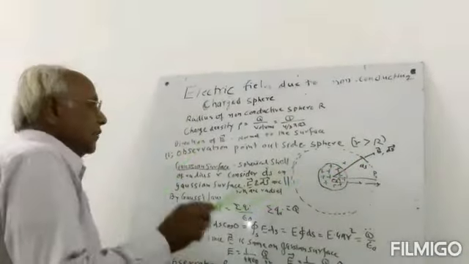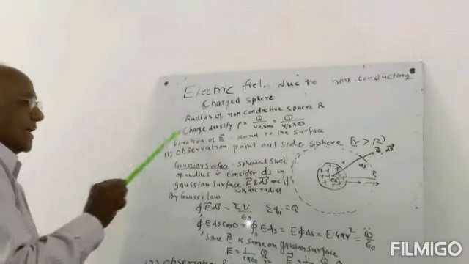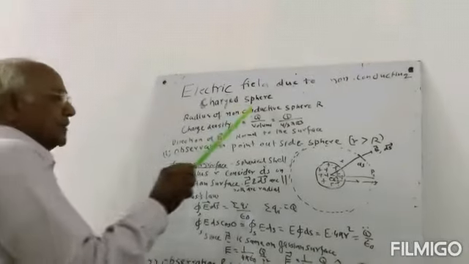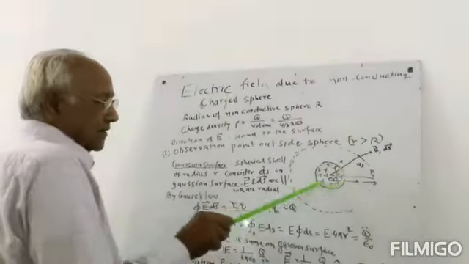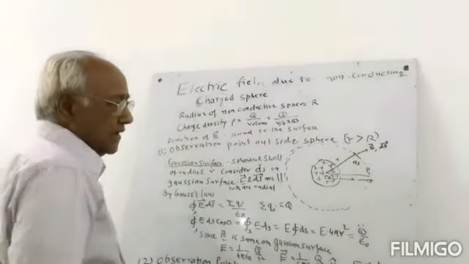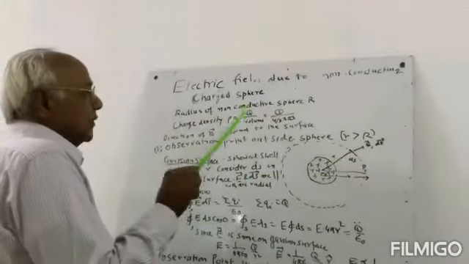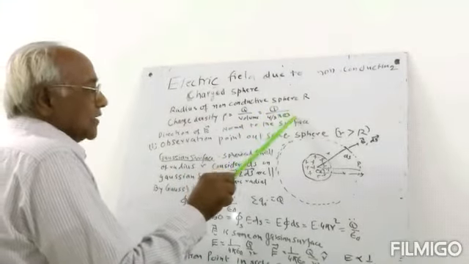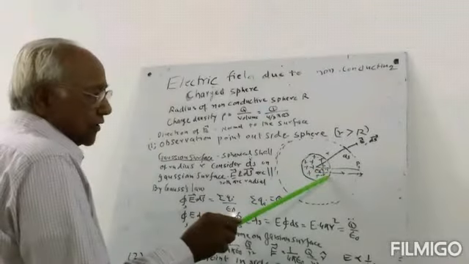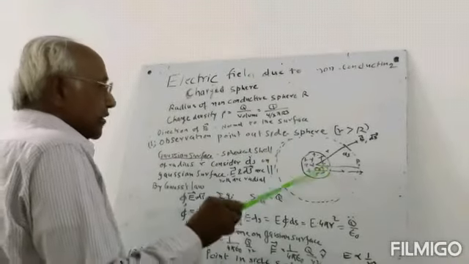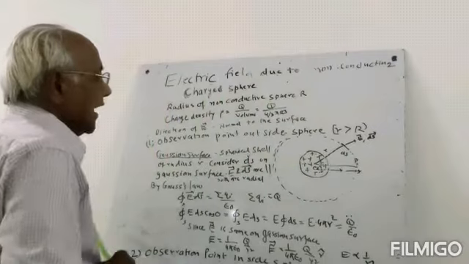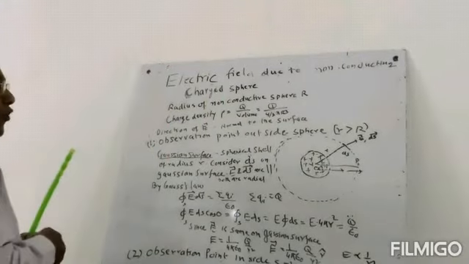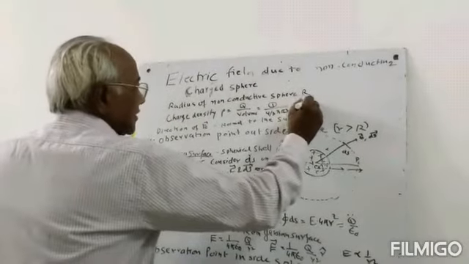Now what will be the charge density? The charge density will be equal to total charge Q by the volume of the sphere. So it will be equal to Q by 4/3 pi capital R cube, where capital R is the radius of the sphere. So this will be the charge density and its unit will be coulomb per meter cube.